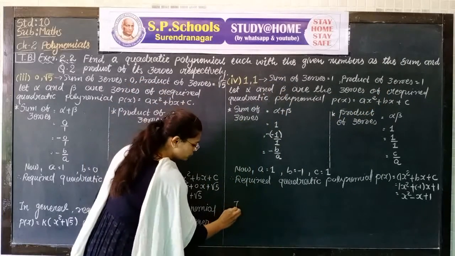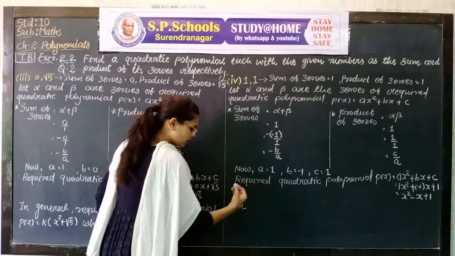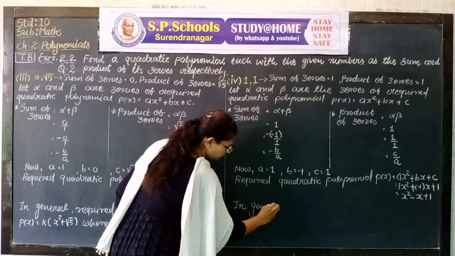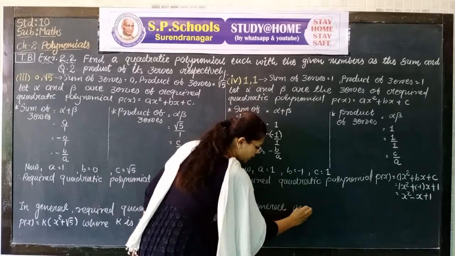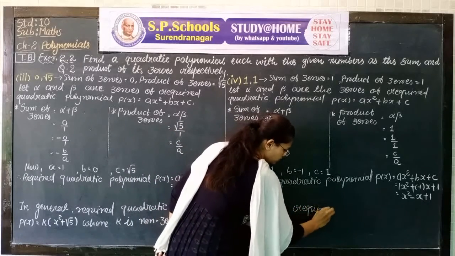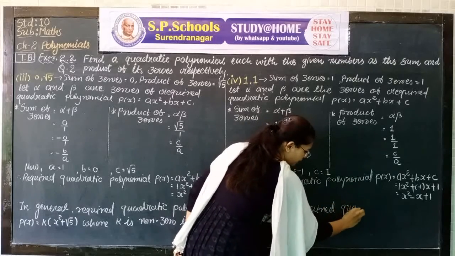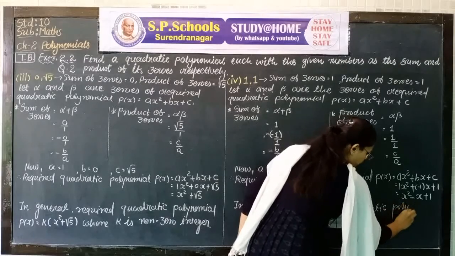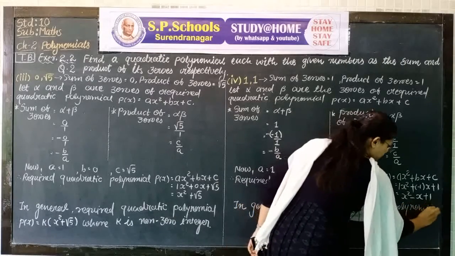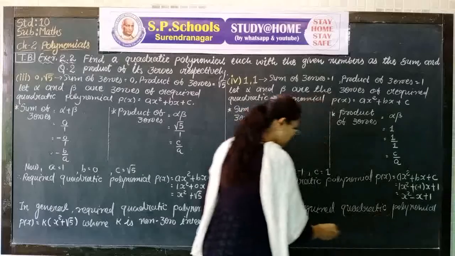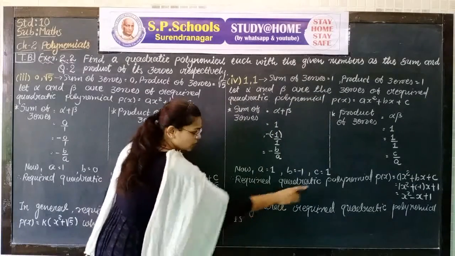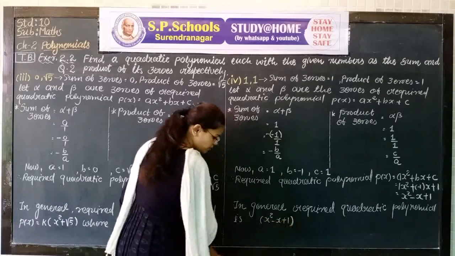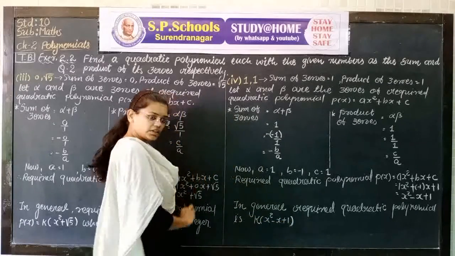In general, we can write many, lots of quadratic polynomials. In general, the required quadratic polynomial is the same, x square minus x plus 1, but multiplied with k.